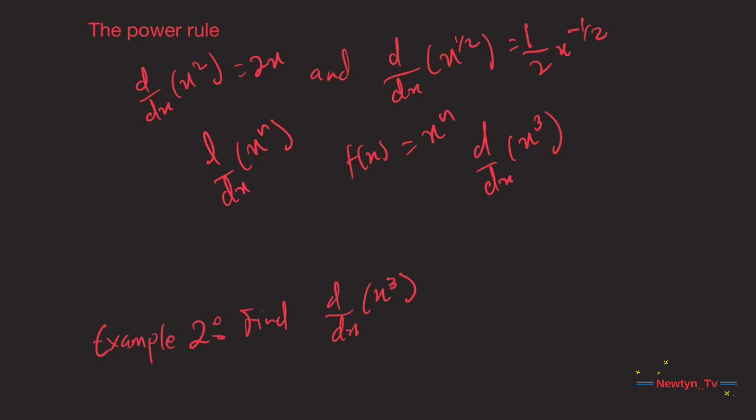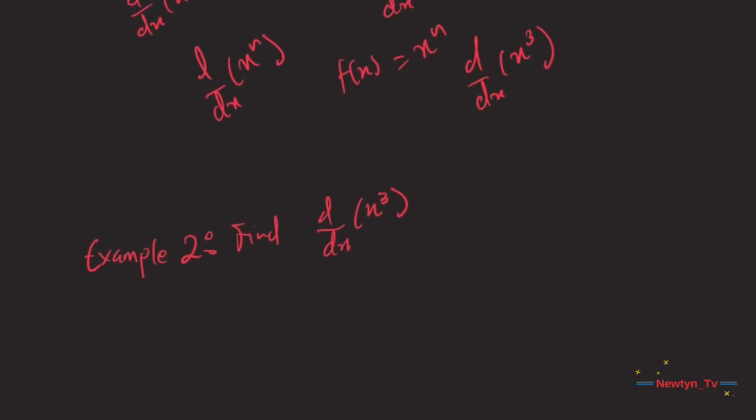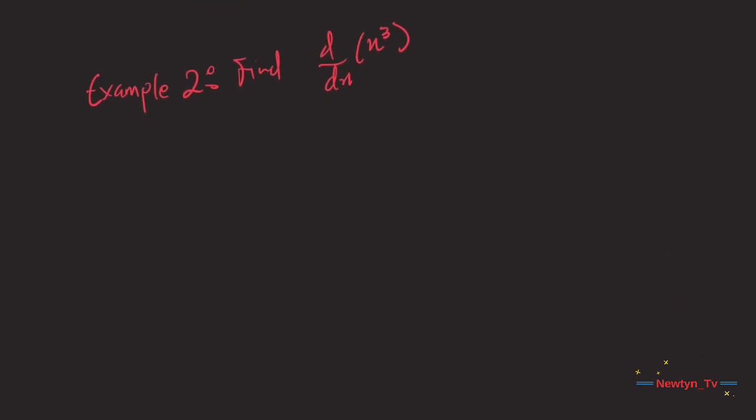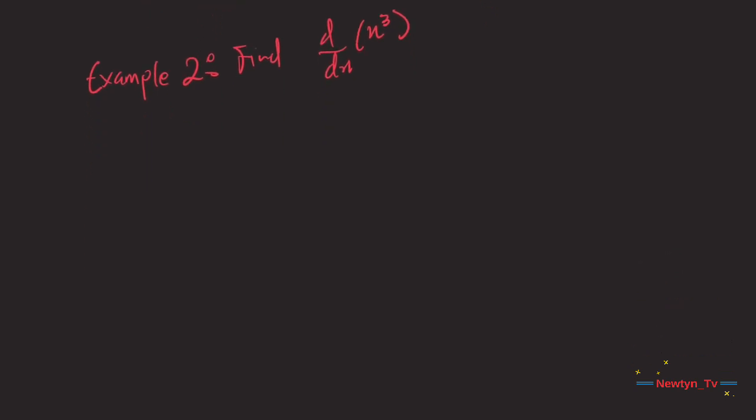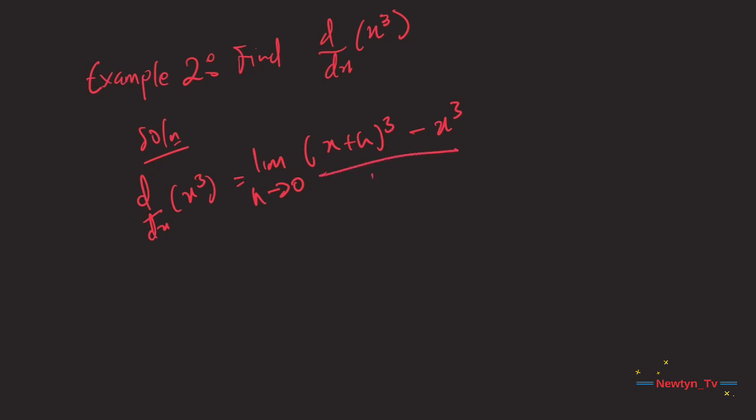So let's differentiate x cubed. Solution: d on dx of x cubed will be equal to the limit as h approaches 0 of (x plus h) cubed minus x cubed, over h.